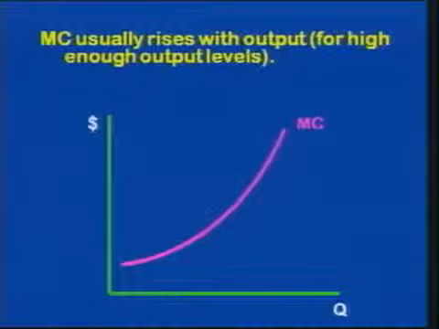So that's why the marginal cost curve has an increasing slope. And here, we said it's for high output, because when you're at high enough output, the scarcity of resources might kick in.